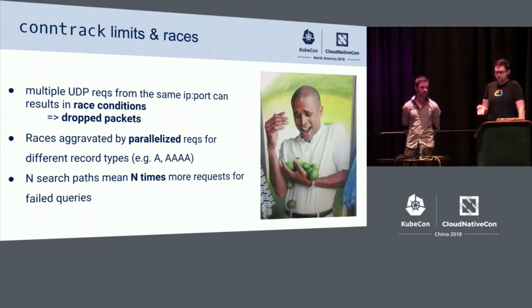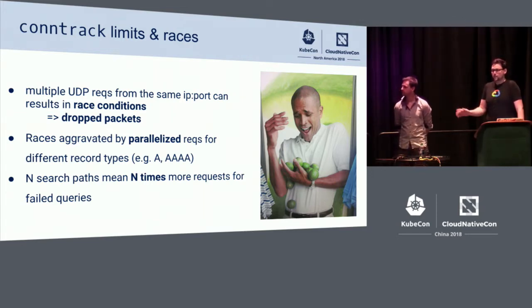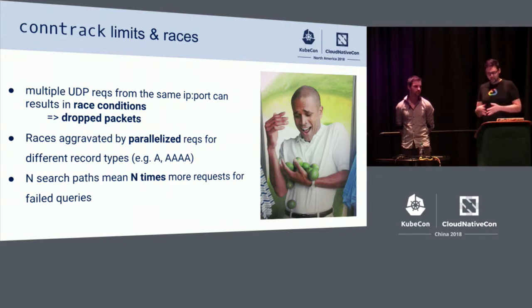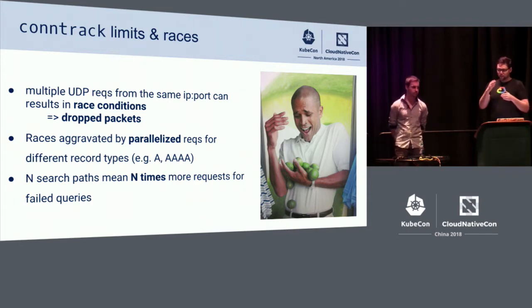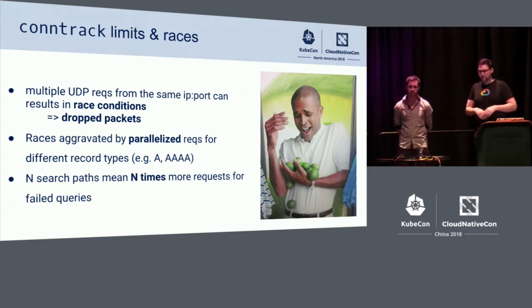This causes contention if there are simultaneous requests from the same IP and port, resulting in one or more packets being dropped, even independent of the table itself being full. Unfortunately, many clients also parallelize the DNS requests for separate record types, such as those for IPv4 and IPv6. And then finally, if you have a bunch of entries configured in your search path, as is often the case in our pods, failed lookups will keep looking up down every entry in the search path. So every time you search for a domain that doesn't exist, you end up with a multiplicity of entries that are just garbage.